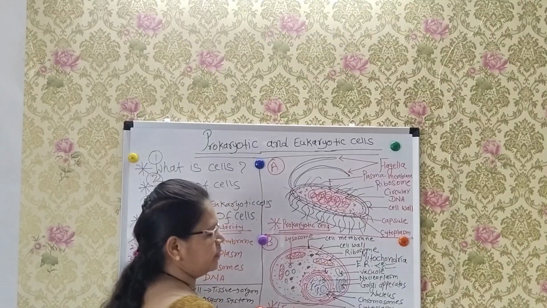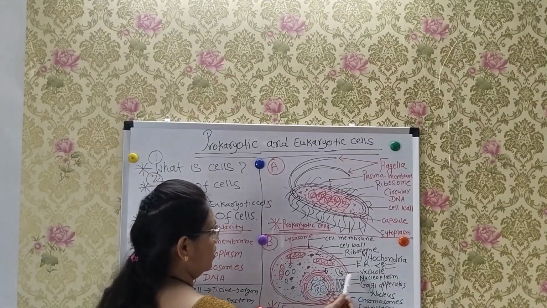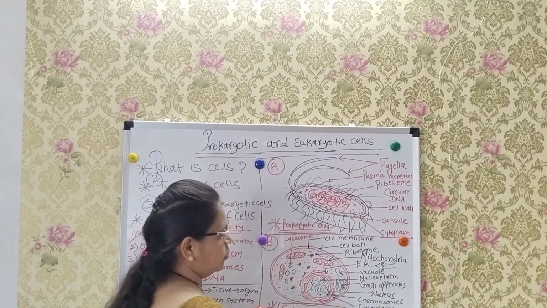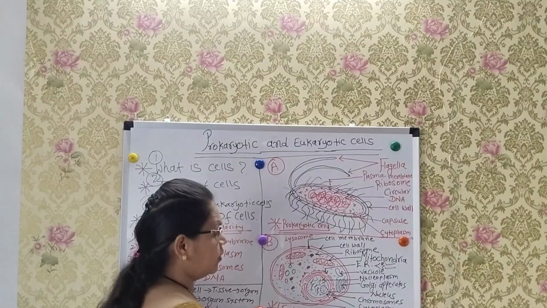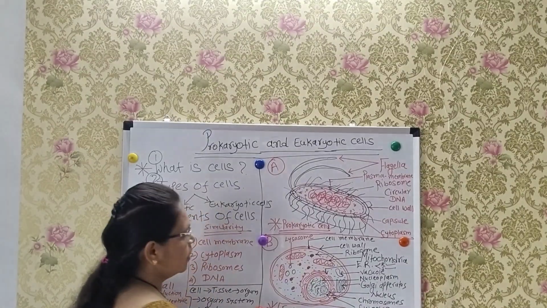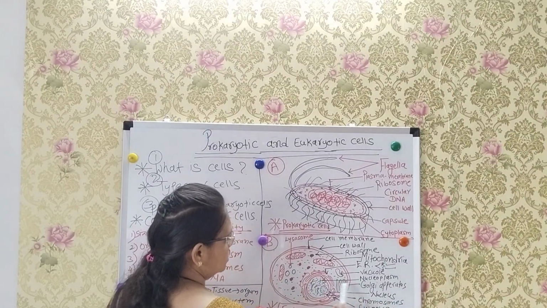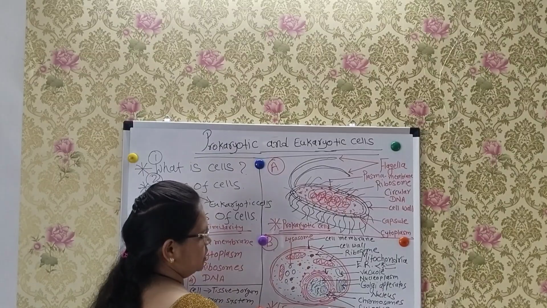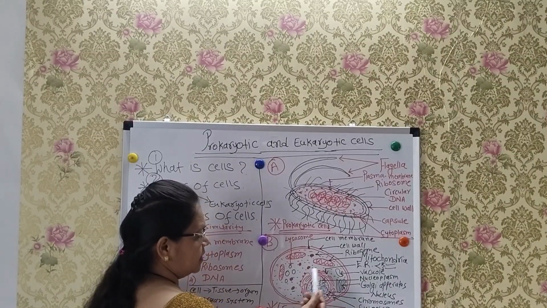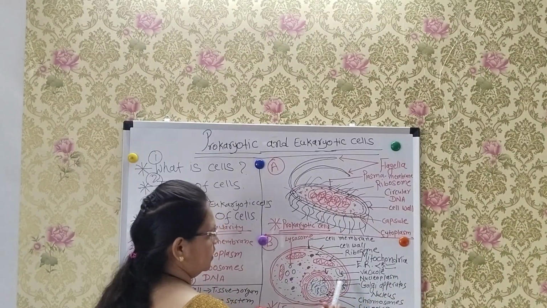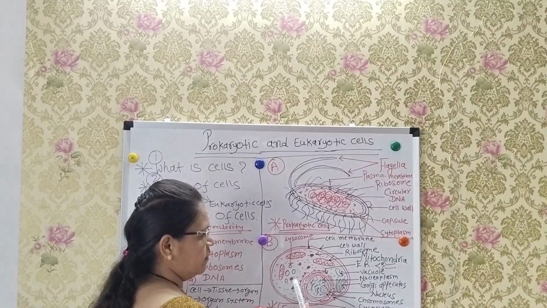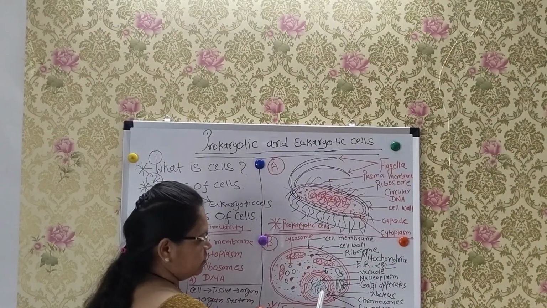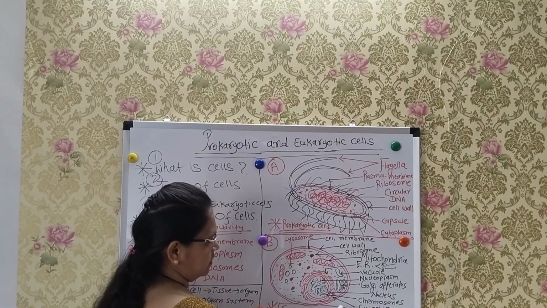Two types of endoplasmic reticulum are found, rough endoplasmic reticulum and smooth endoplasmic reticulum. Vacuoles are also found in eukaryotic cells. In plants, large vacuoles are found, but in animals, small ones. Otherwise, no vacuoles are found in some animal cells.